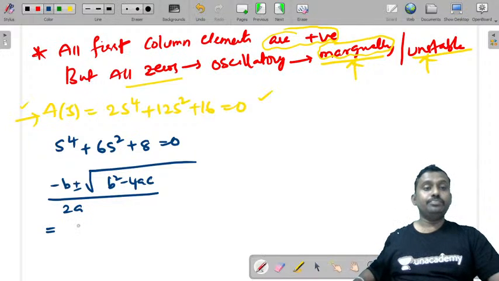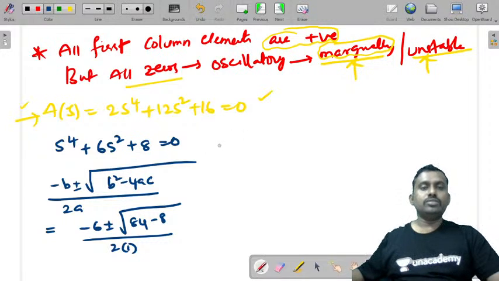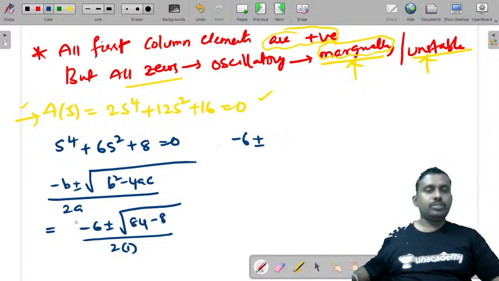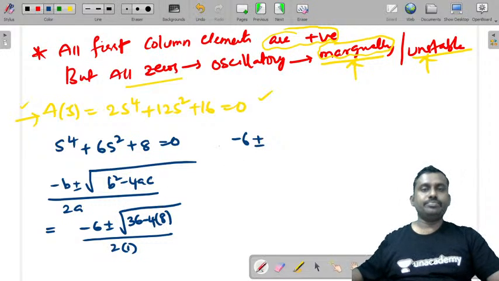So that will give you minus 6 plus or minus under root of b square, 6 6s are 36, minus 4 into 8, 4ac, right? 4 into a value is 1.